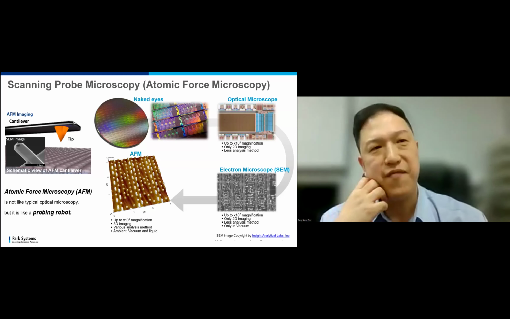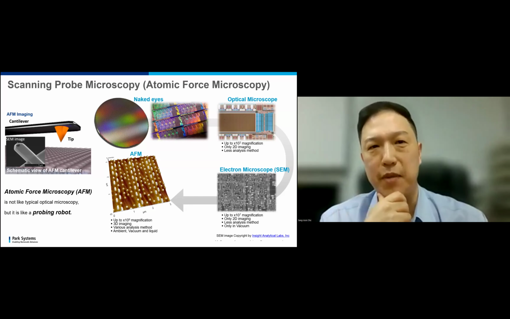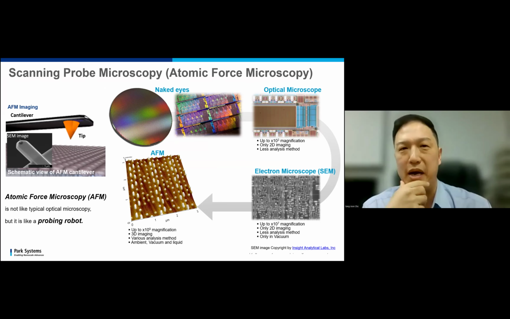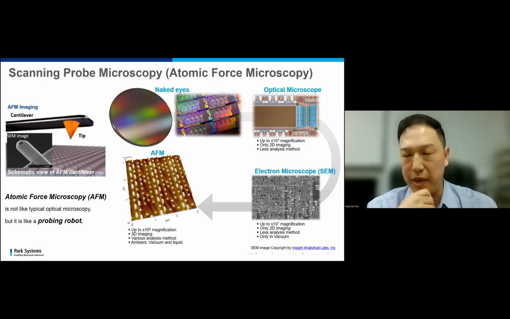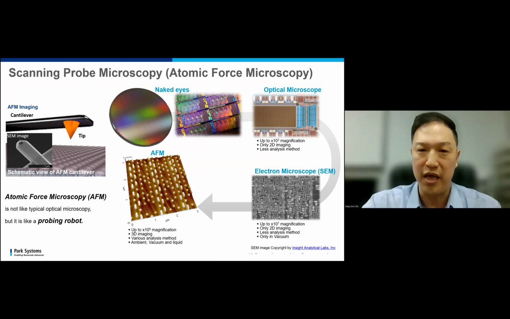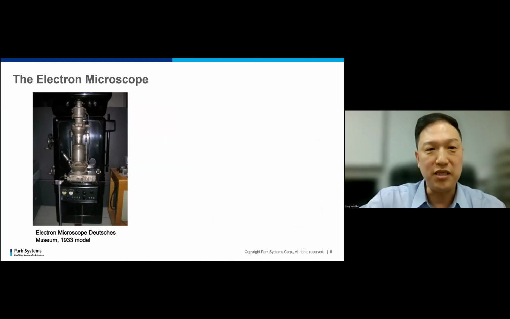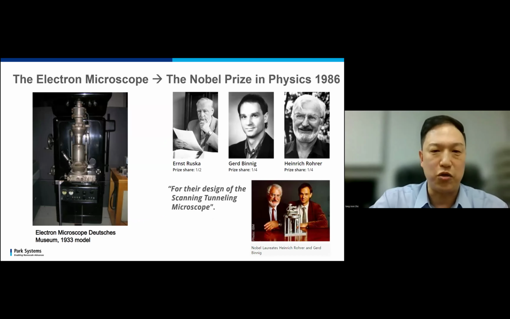AFM is not like typical optical microscopy, but rather a probing robot. It not only provides high resolution, but there is so much more benefit you can get from AFM. This is the first generation electron microscope.